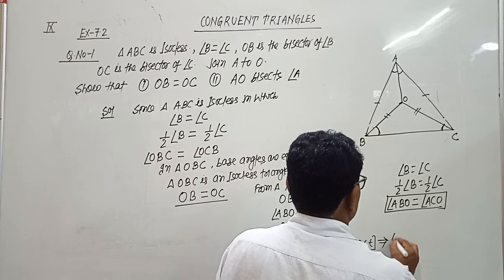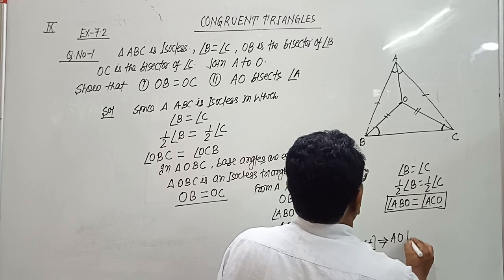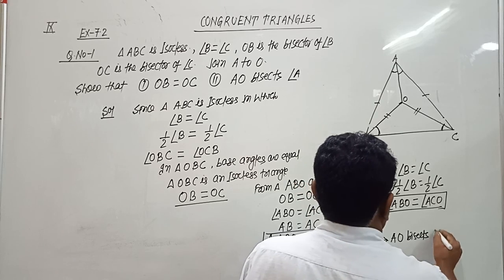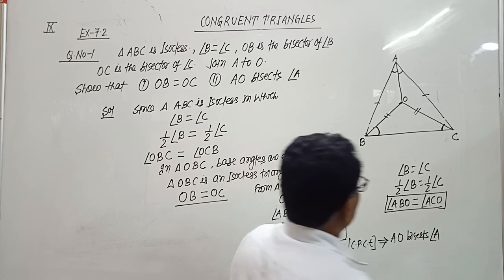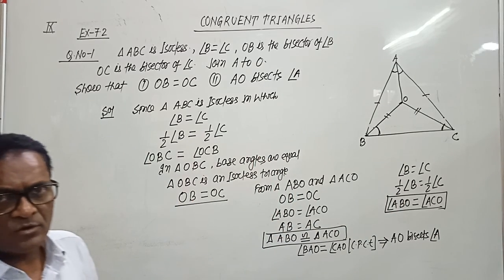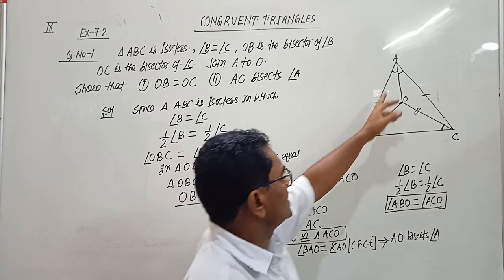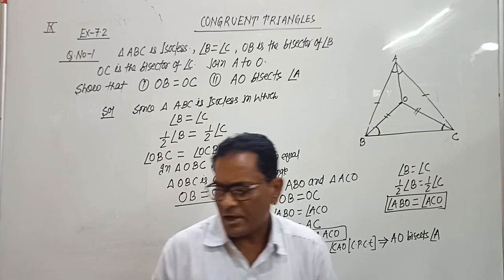This implies that AO bisects angle A. If angle BAO equals angle CAO, then side AO bisects angle A into two equal parts.